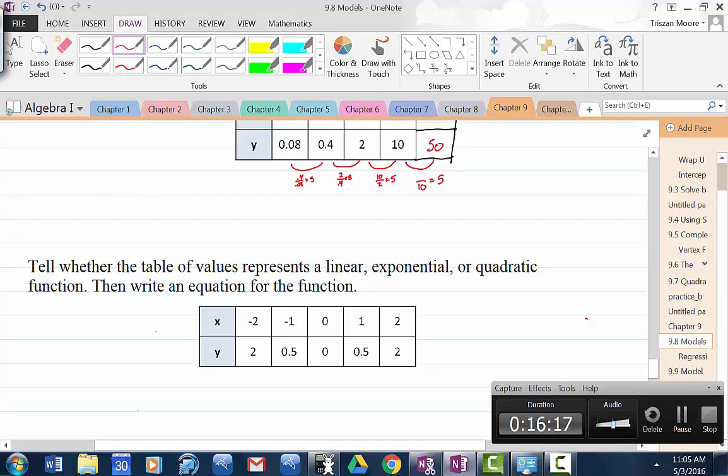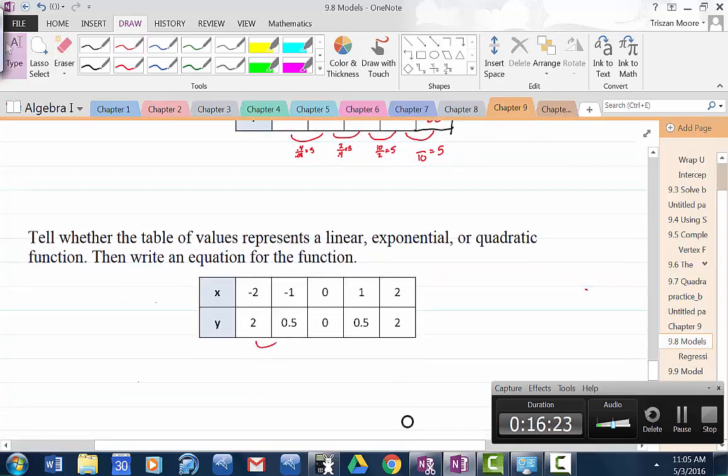Let's see what the difference is. The difference here between 2 and 0.5, okay, difference between those two is what, 1.5? Negative 1.5? Difference between here is negative 0.5, right? The difference between here is 0.5, and the difference between these two is 1.5.